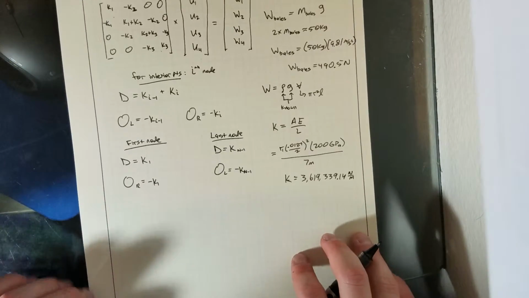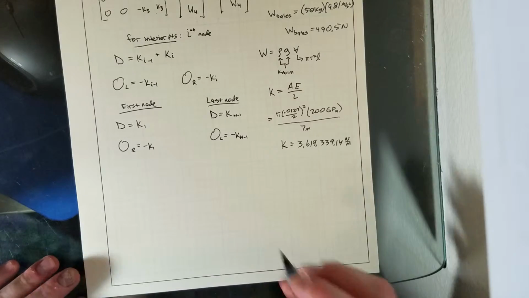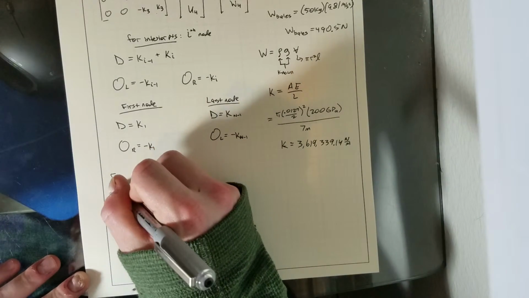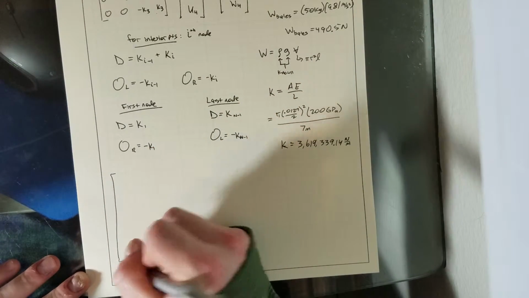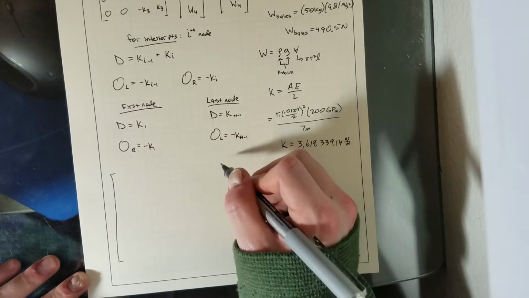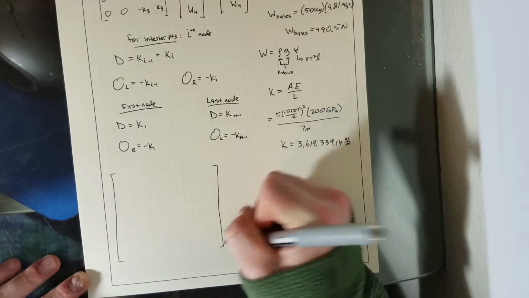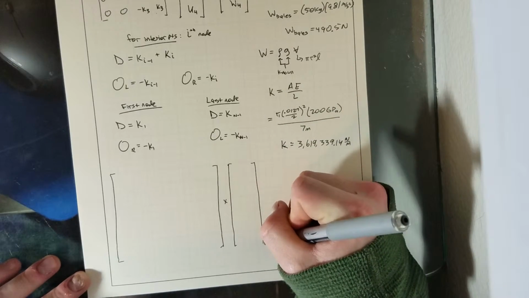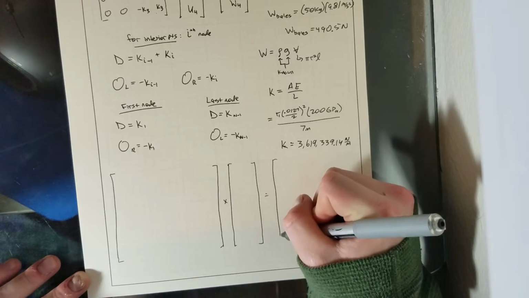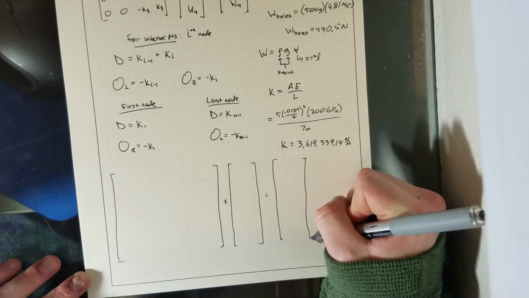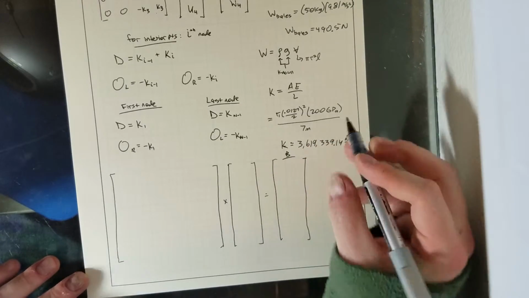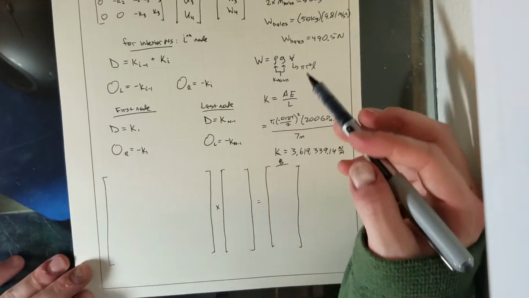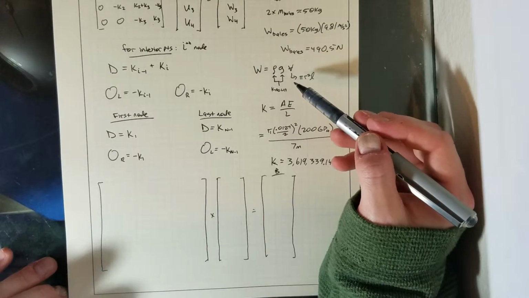So now we can take these and we can rewrite the matrix using these known values. Make sure my matrices are big enough. So over here in the B matrix will be the weights, and as I just went over, they'll be varying depending on the node we're looking at.